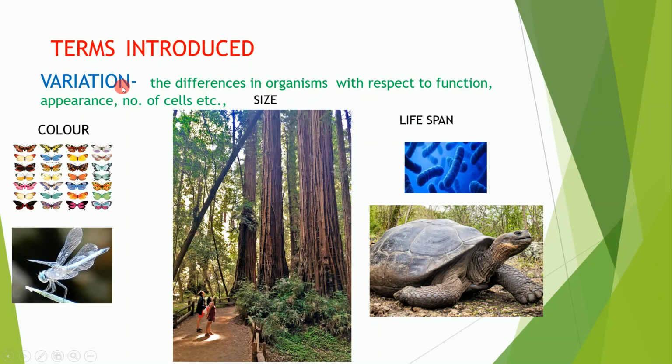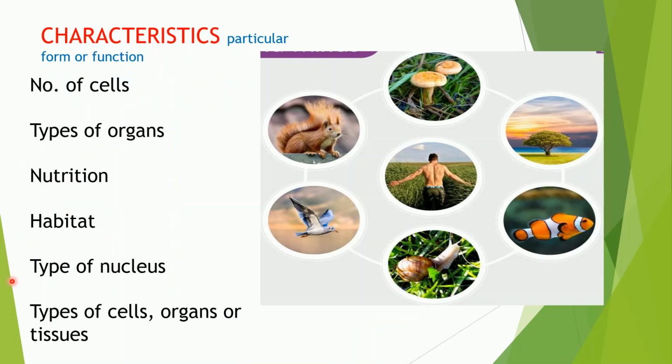Fine. So these variations are nothing but the characteristics of an individual, that make it unique on this planet. These variations, the forms, the functions, whatever we are talking about, can be termed as characteristics. These characteristics are the criteria for studying the various types of organisms.